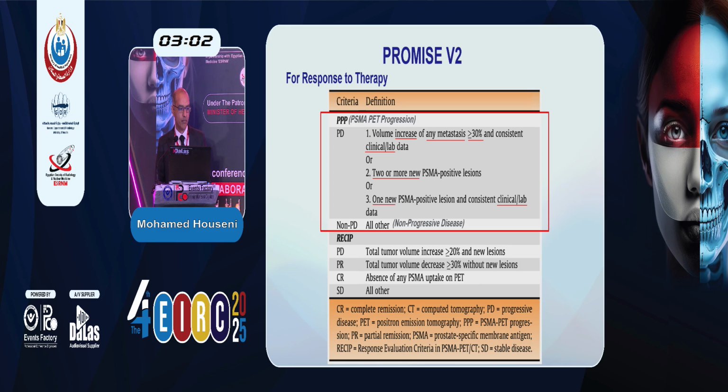Progressive disease is considered when there is an increase of more than 30% of the volume of the lesion, or when you have 2 or more newly developed lesions active on the PSMA, or only 1 active lesion in the presence of consistent lab and clinical data. Everything else will be non-progressive disease.